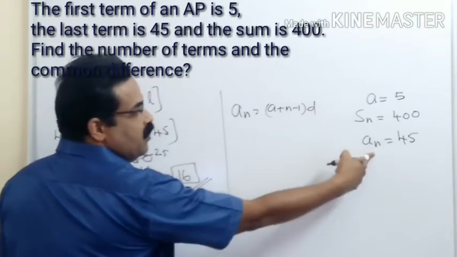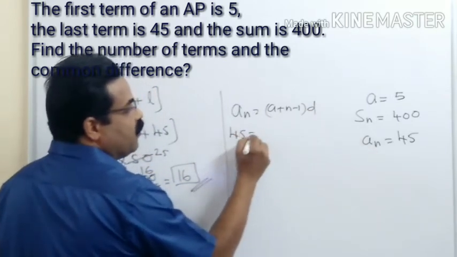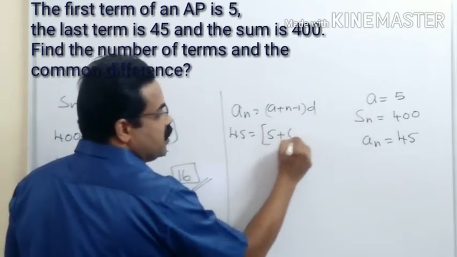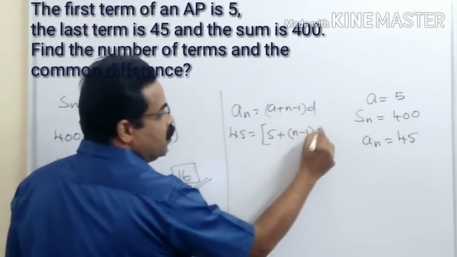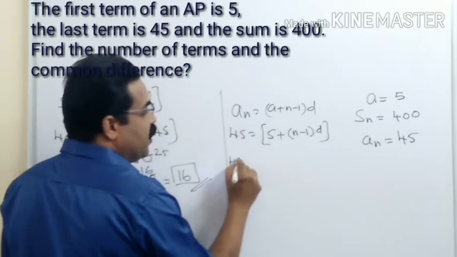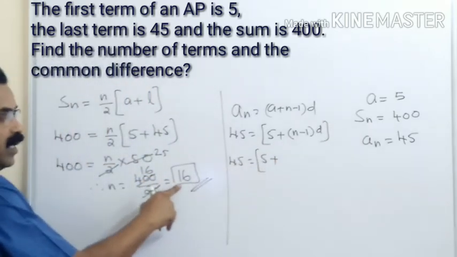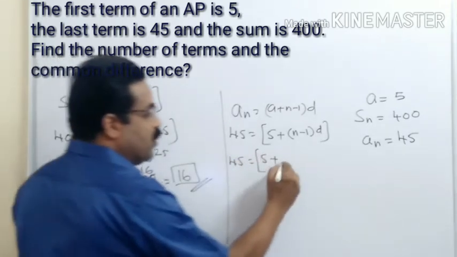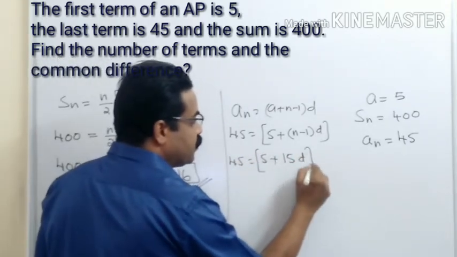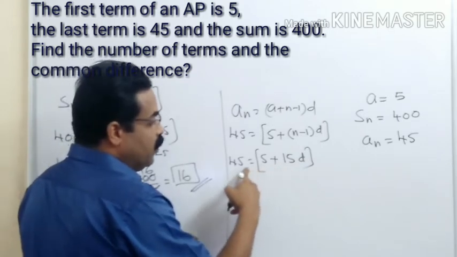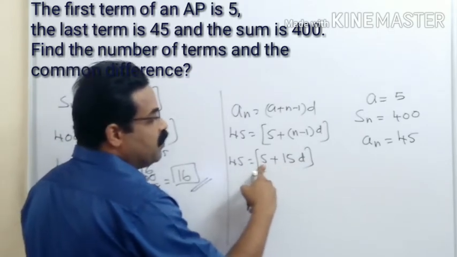So an is given to you, that is 45. 45 is equal to a, which is 5, plus n minus 1 into d. That is 45 is equal to 5 plus n minus 1. n is 16, 16 minus 1, 15d. So 45 is equal to 5 plus 15d.